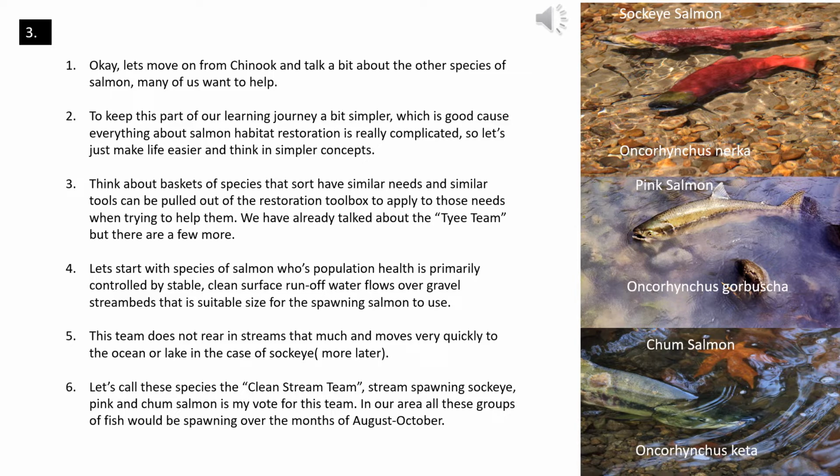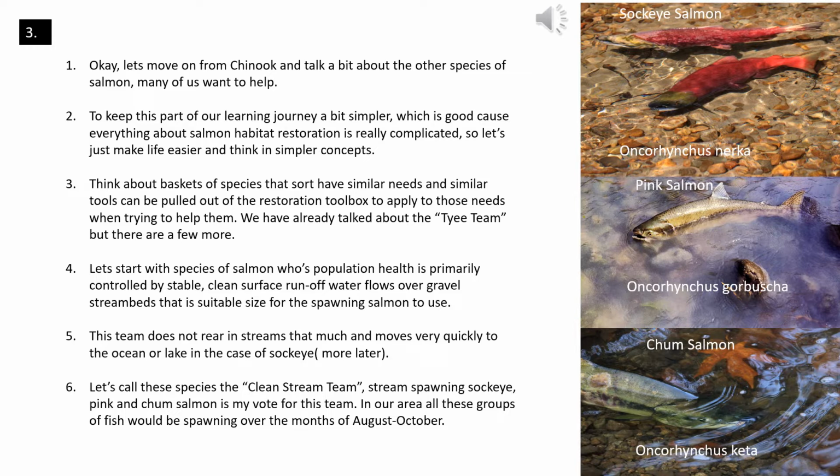Now, this team does not rear in streams very much. What I mean by that is that when they come out of the gravel, they either move directly to the ocean, or in the case of the sockeye example, they move directly to a lake, which is a still water body like the ocean. So really, the key bit of their habitat we can restore and take action on is just that spawning ground.